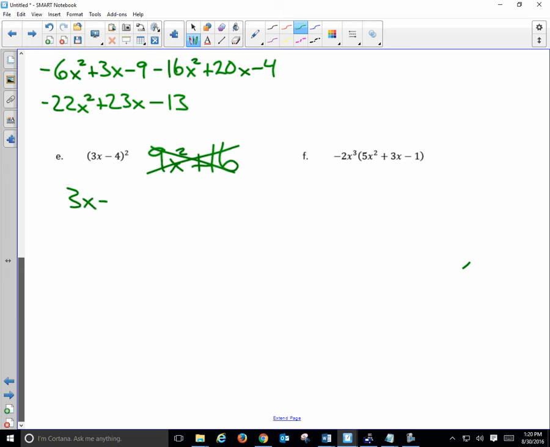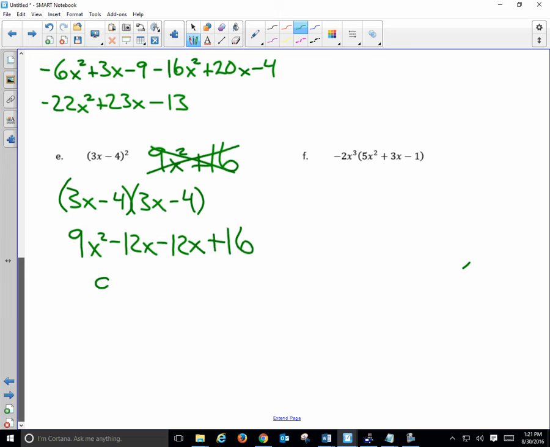So to square something means to take it and multiply it by itself. That's the definition of squaring something. To multiply, get 9x squared, get a negative 12x, and a negative 12x, which makes a negative 24x. Everybody okay with that?